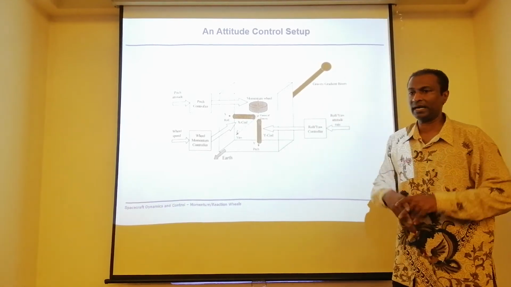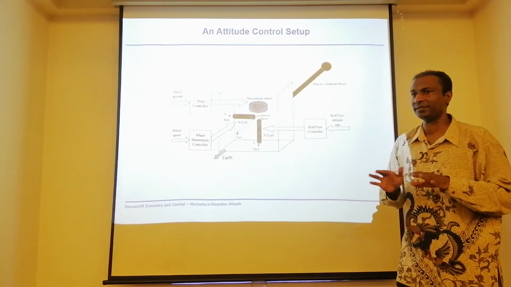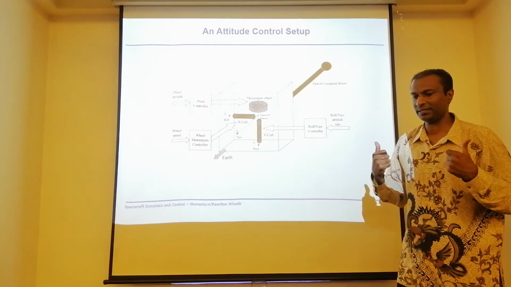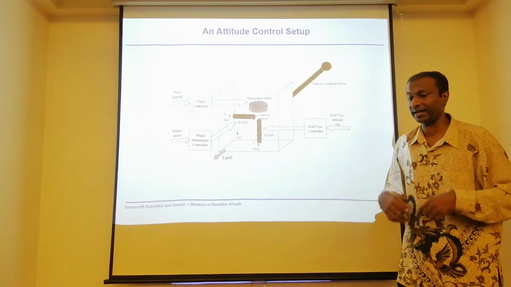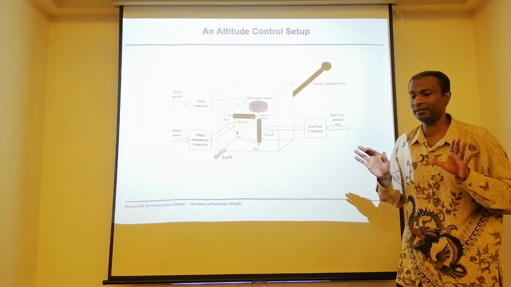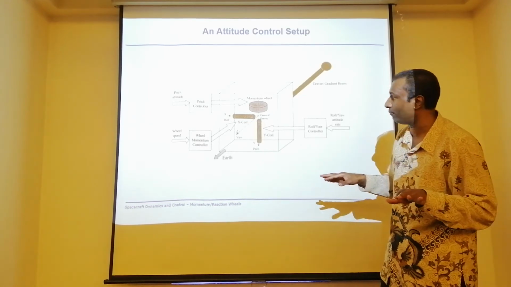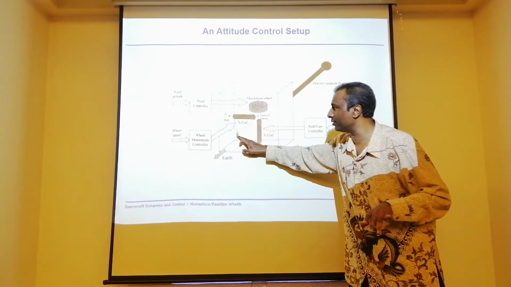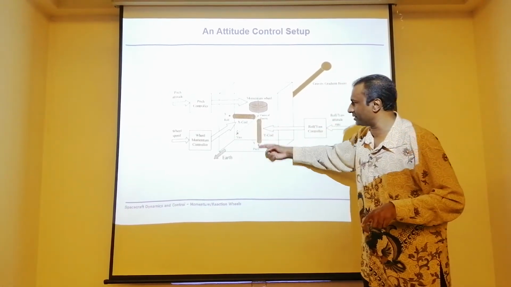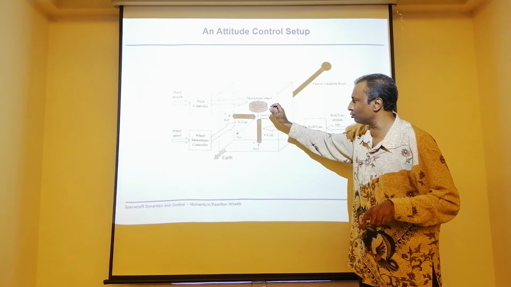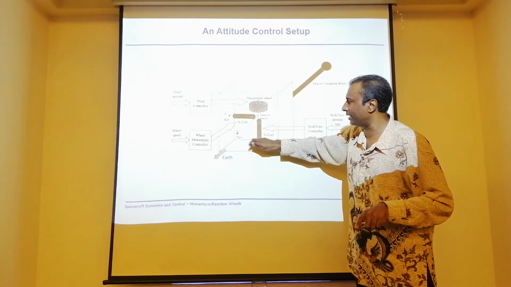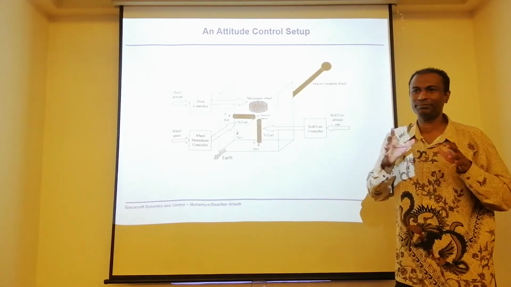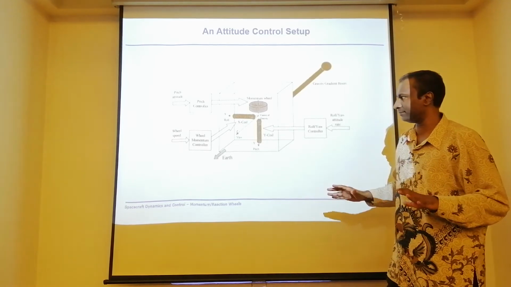Momentum wheel. I have a momentum wheel, that means what? My pitch axis is done. Pitch axis, I have an active control already. Then I can provide a passive control, or rather gyroscopic stiffness, for roll and yaw. The pitch axis can produce roll and yaw passive stiffness. Okay, done.